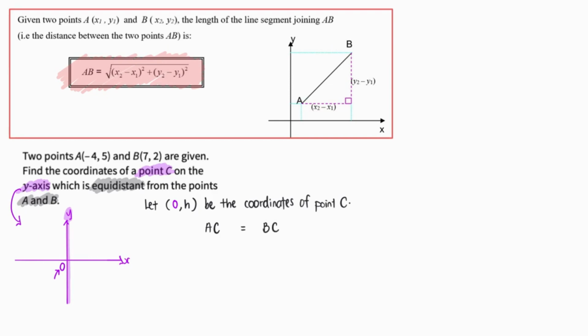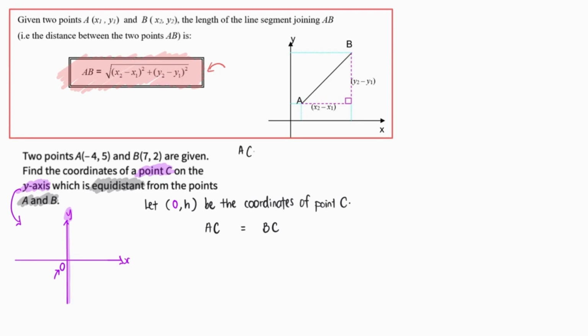The length from C to A and C to B is the same, equidistance. With that in mind, I would then be able to apply this formula to find the length of AC and BC and to equate an equation to help us solve for h. Okay, so that is the approach.